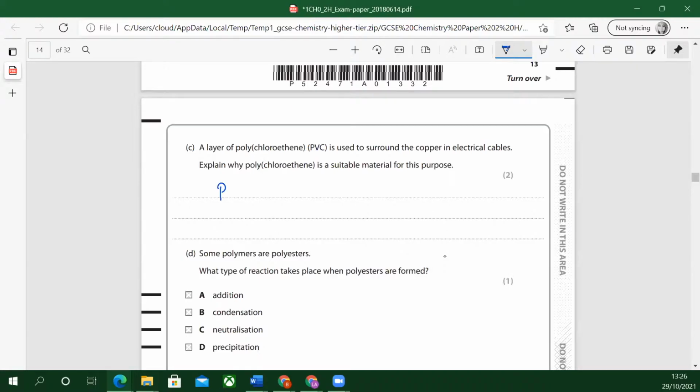So PVC, we have to write the whole thing out again, is an insulator. So it's an electrical insulator. Also thermal as well, but in this case, electrical is more important. And also it's a safety thing too, isn't it? Also prevents electric shock.